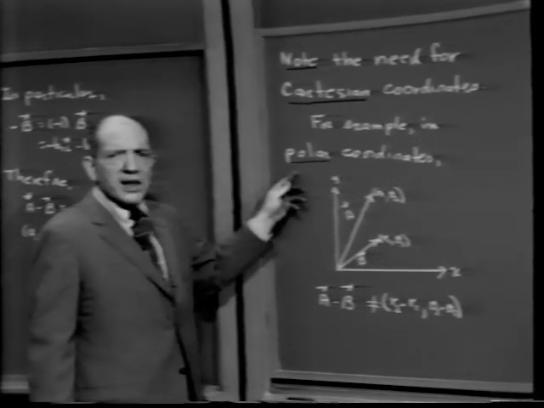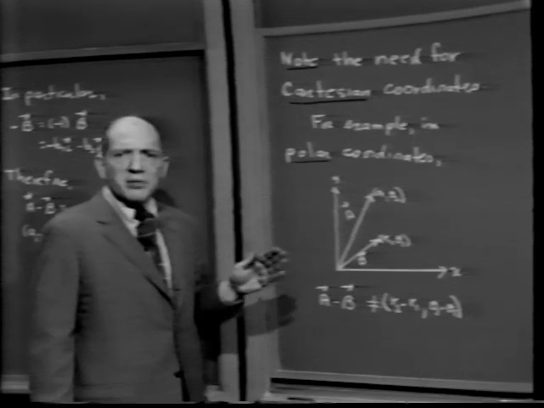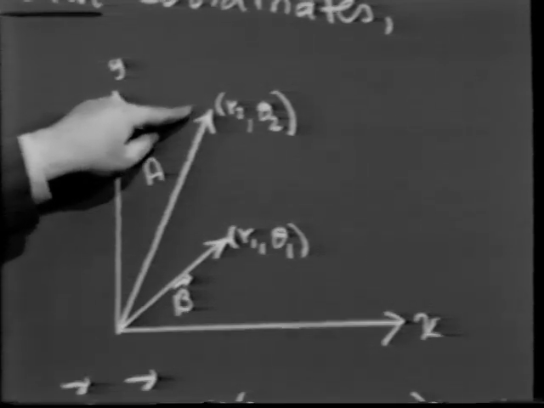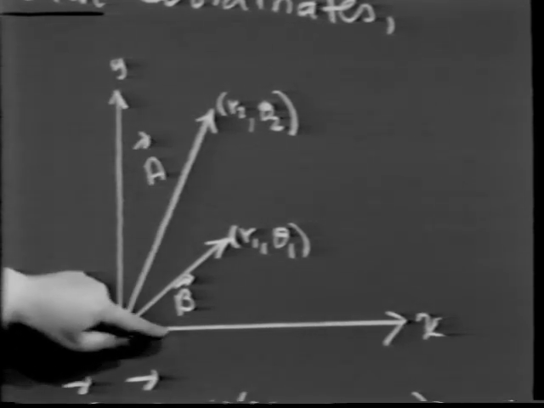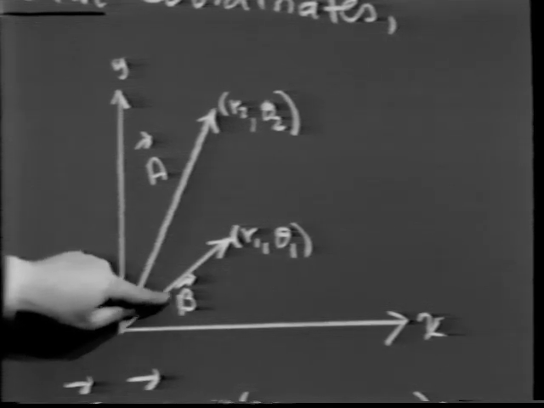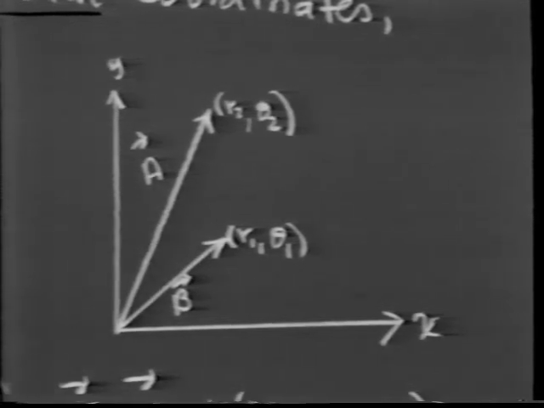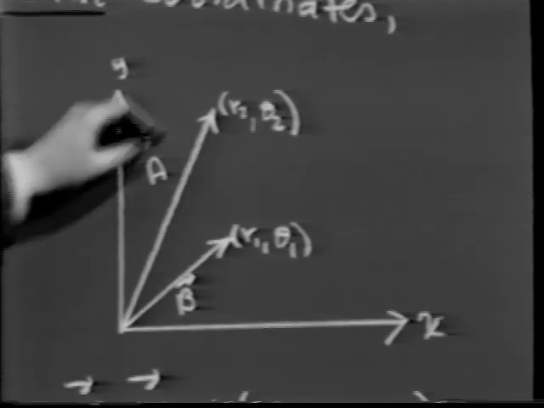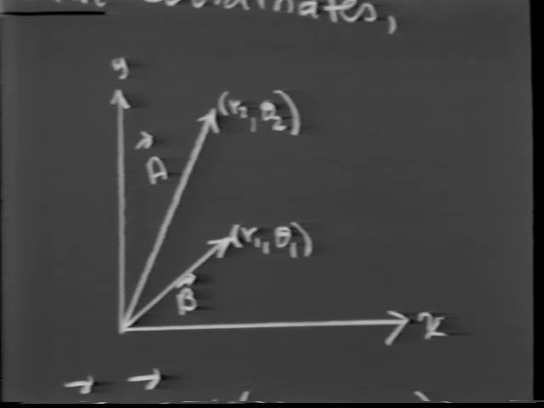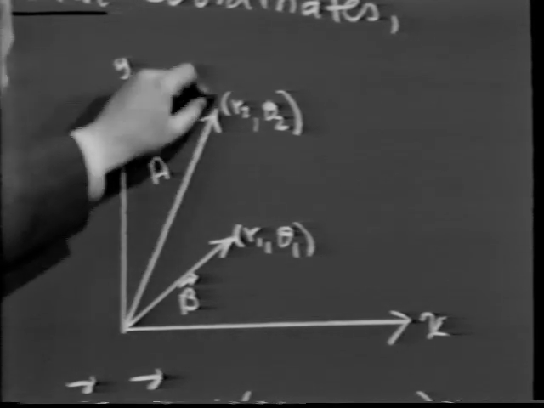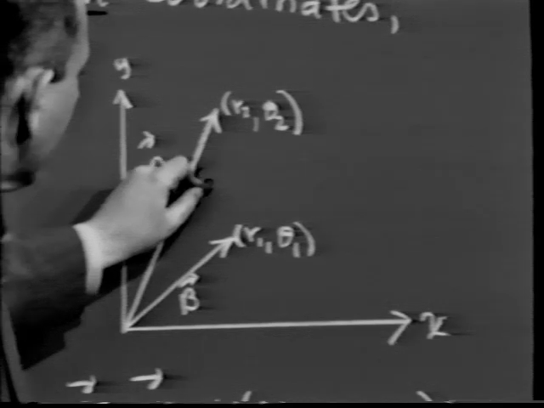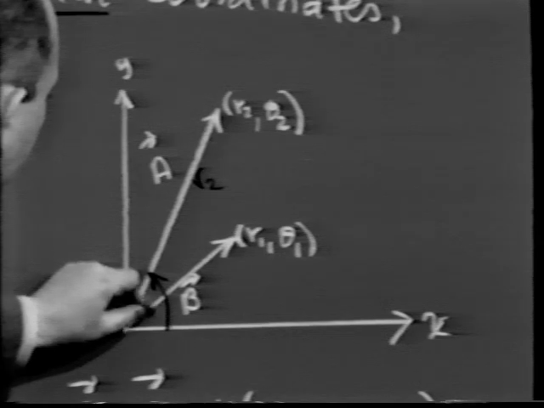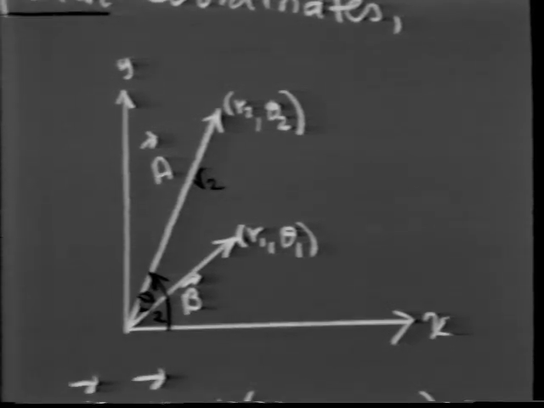Namely, in polar coordinates, the way you specify a vector in the plane, say, is you specify its length, which we'll call r, and the angle that it makes with the positive x-axis that we'll call theta. In other words, in polar coordinates, the vector A which I've labeled r2 comma theta 2, that would indicate that the magnitude of A is r2, and that the angle that A makes with the positive x-axis is theta 2.